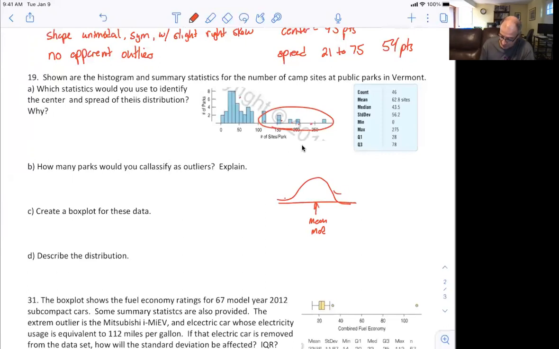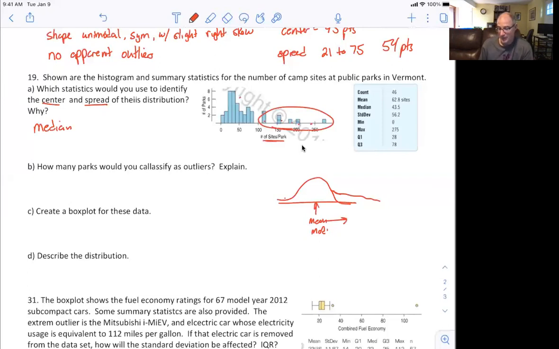But once I start stretching this out, the mean is going to get pulled in that direction. So my mean is greater than my median, and typically we don't use it then. So when it talks about the center and the spread, my center is going to be the median, because my mean is going to overestimate the number of sites per park.